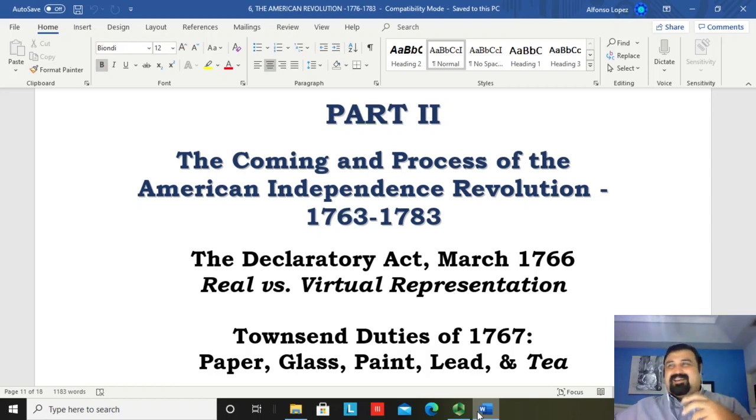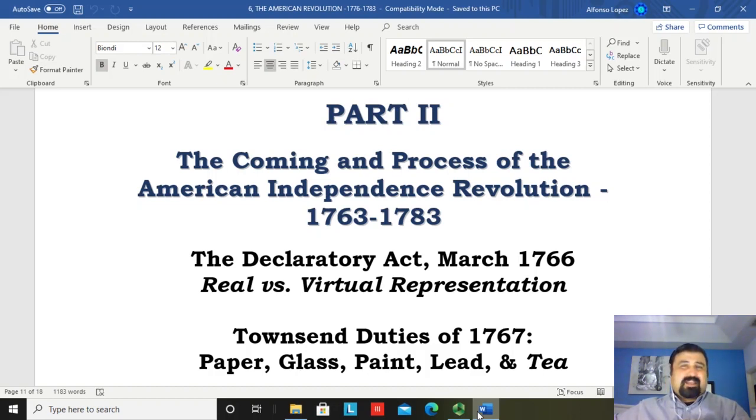So again, all of the ideas of the Enlightenment, of these political philosophers that we described in session 2, are going to have a great influence in the way the colonists are going to be thinking about politics. In other words, they want reform, they want changes to take place in the political system in order for the colonies to participate in the process as well, to have representation.